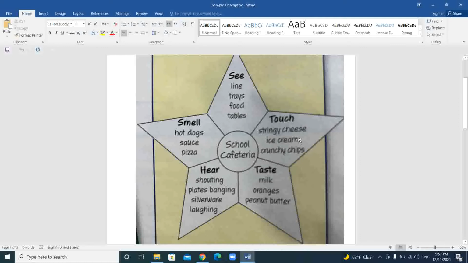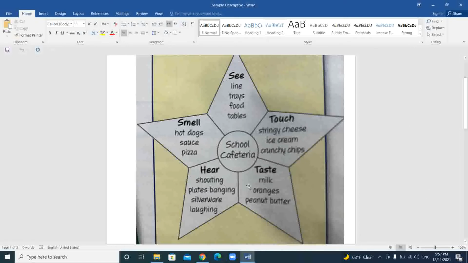Touch: stringy cheese, ice cream, crunchy chips. What does she taste? Milk, oranges, peanut butter. Okay, what does she hear? She hears people shouting, plates banging, silverware like forks and spoons and knives, people talking and laughing. She smells hot dogs, sauce, pizza.